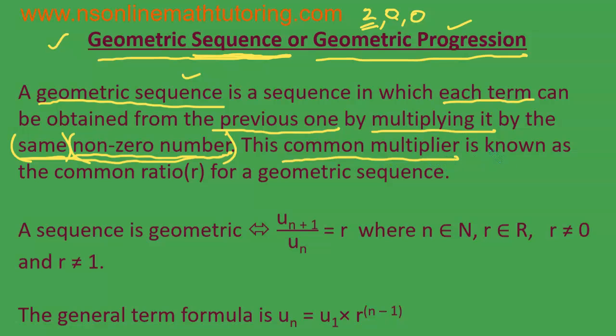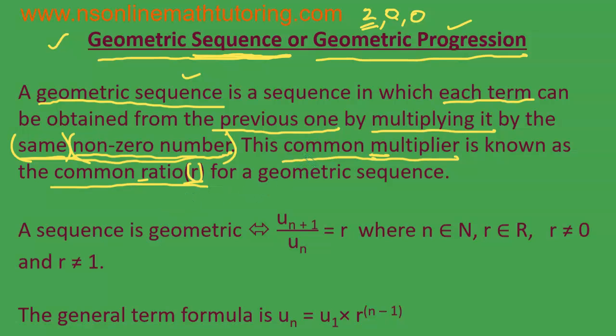But this common multiplier is known as the common ratio, and we denote this common ratio by the letter r. So, instead of taking the letter m for multiplier, we are taking the letter r from the common ratio. So, why is it so?